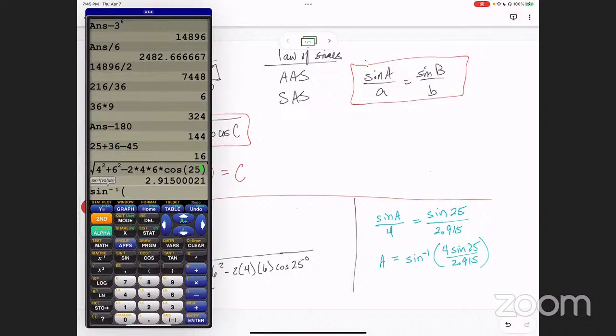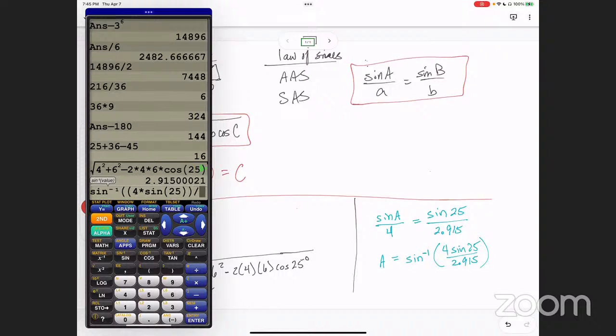Okay, so the sine inverse of 4. I'm going to be careful here. I'm going to put parentheses. 4 times sine of 25, that's all in the numerator.